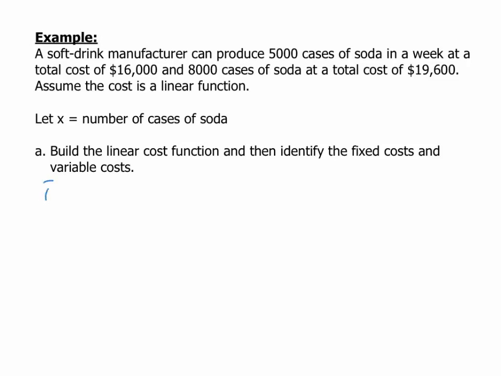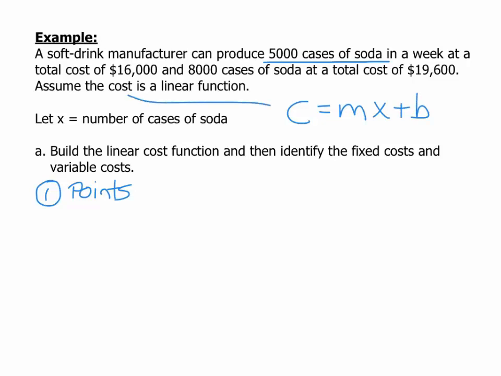So remember, 3 steps to finding a function. First thing we need to do is figure out what points we're given. So we have 2 data points here. Actually, before I start that, this is our goal. We're going to have c equals mx plus b. This is what we want to end up with. I'm using c for cost, and it's a function of the number of cases of soda. And this function here is a linear function.